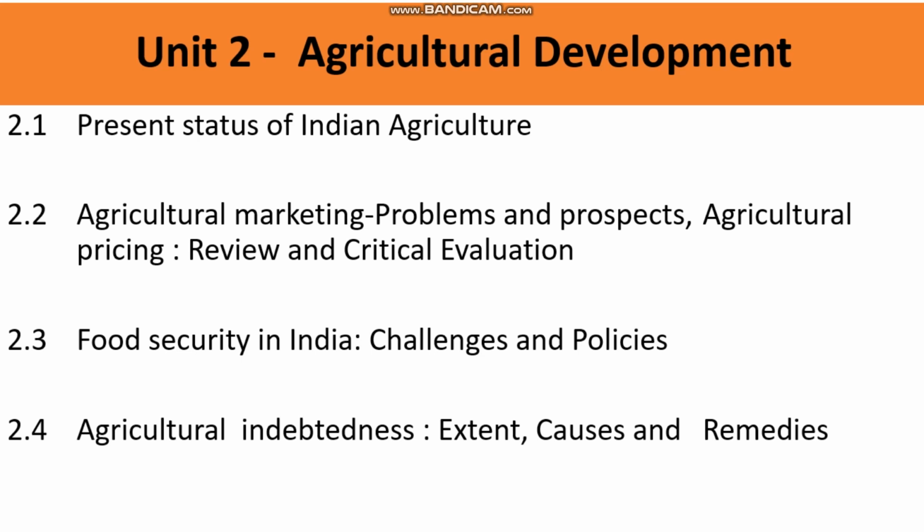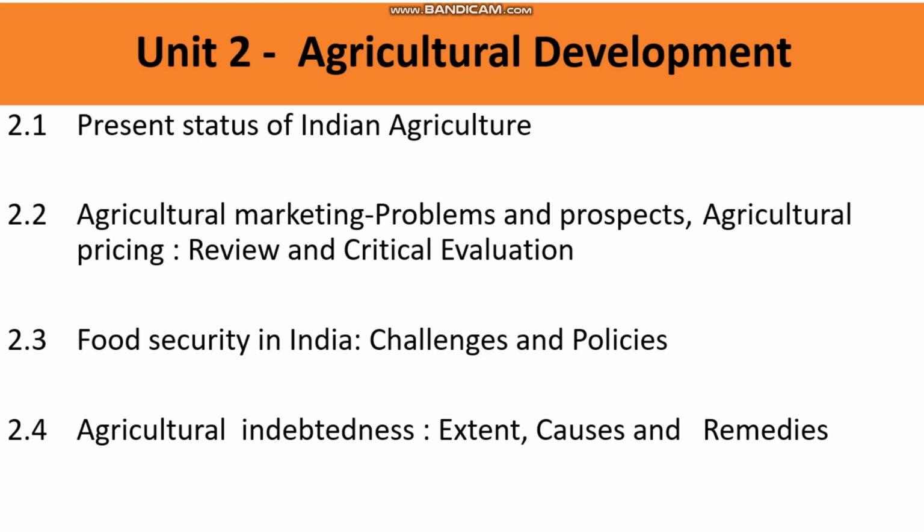The end consumer is not directly purchasing the commodities from the farmer, the primary producer. So what is the role of these mediators, and how are these mediators deceiving both parties? At one end they are deceiving the farmers, and on the other hand they are deceiving the customers.